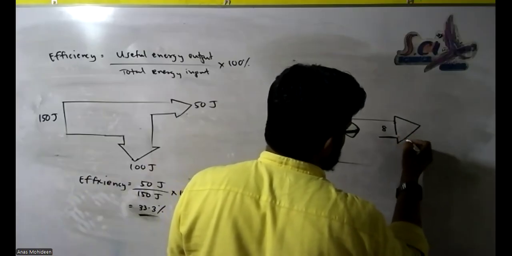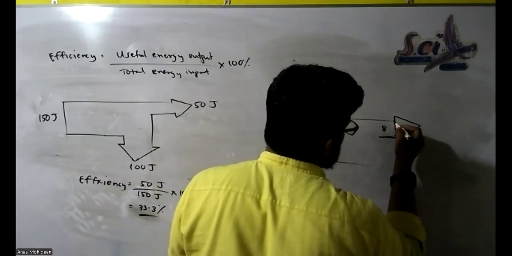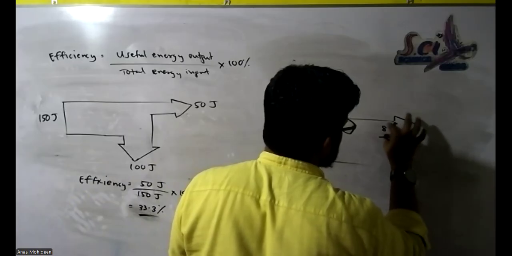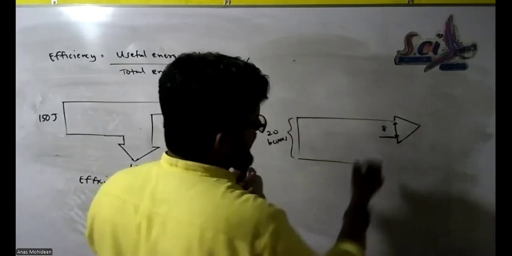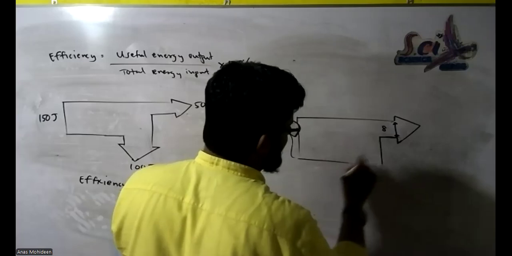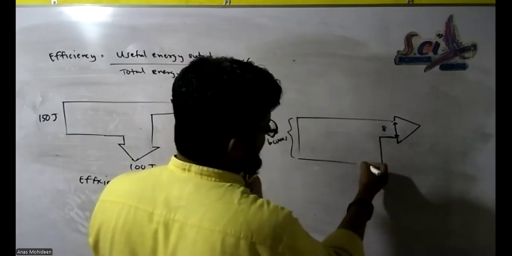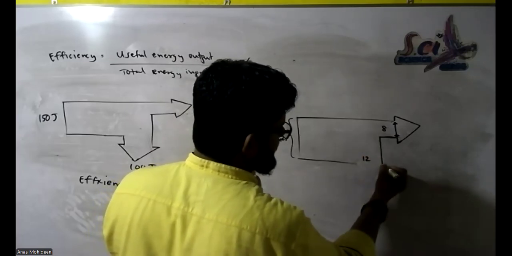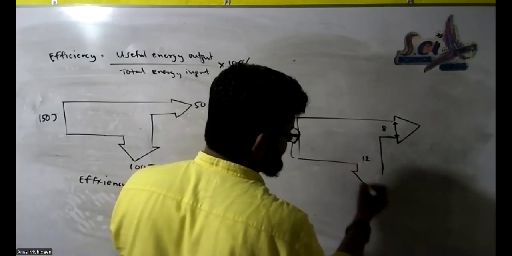This is the arrow. Up here, 8 boxes are there. Correct? And then out of 20, if it is 8, definitely the remaining 12 boxes should be here.